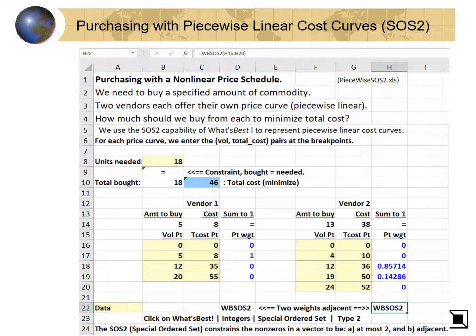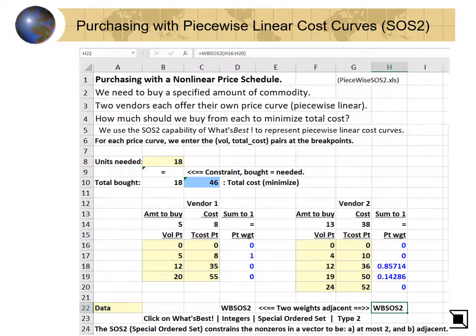For vendor 1, you see the blue 1 in row 17. So that says we're going to buy exactly 5 units from vendor 1. For vendor 2, if you look at the amount to buy, we're going to buy 13 units from vendor 2. And where did we get this cost of 38 from it?